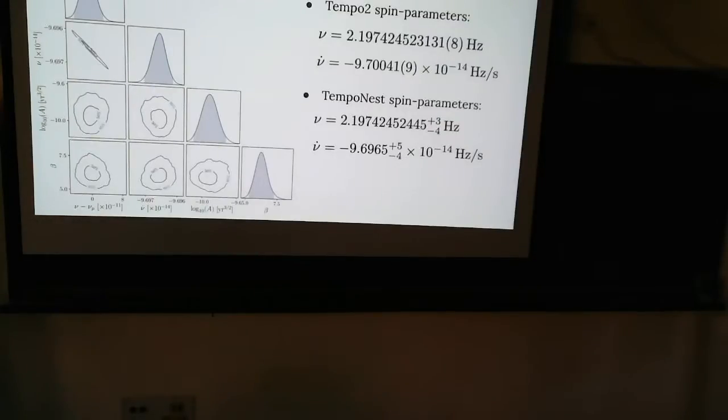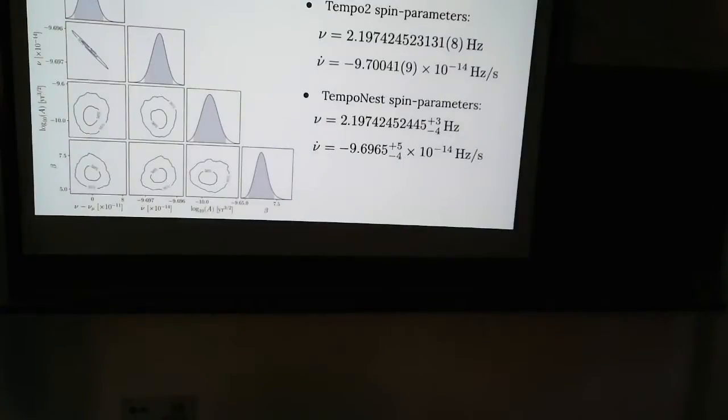And the first obvious thing to note is that these two numbers, for example, for the spin down that you get from Temponest and Tempo2, actually disagree. In fact, the value that Tempo2 returns lies outside of the 95% confidence intervals that we get from Temponest.